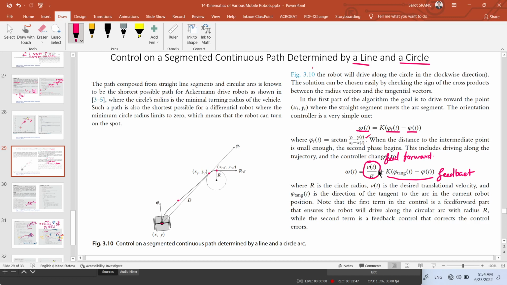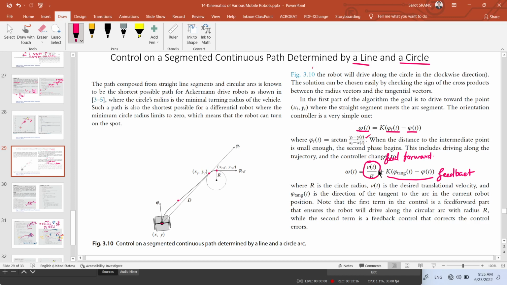For the feedback, we need to know the information of the robot's location. So here we talk about orientation. We need to know the instantaneous orientation of the robot, and then we find the error between the instantaneous orientation and the target orientation. From this error, we make a desired angular velocity.